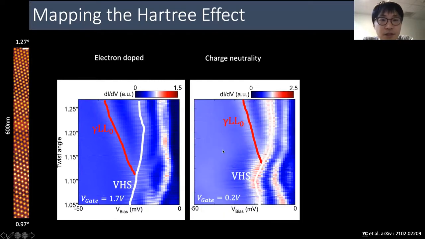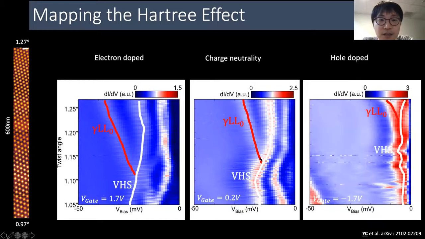And at charge neutrality, they meet slightly higher. When the system is hole doped, the gamma Landau level is very close to the Van Hove singularity from the beginning, and it merges around 1.2 degree. So this mapping demonstrates that depending on the doping, the merging angle changes due to the band deformation.